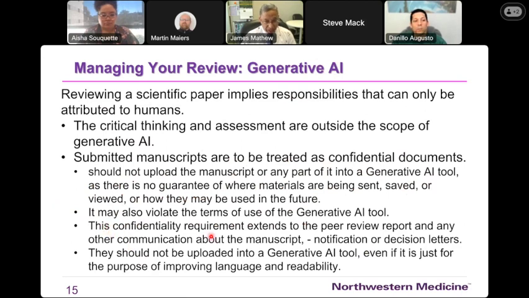This confidentiality requirement extends to the peer review report, not only the article itself, but any other communication about a manuscript, including notifications and decision letters. They should not be uploaded to a generative AI tool, even if it is just for the purpose of improving your own language and the readability of your review. So AI is out of the review process.